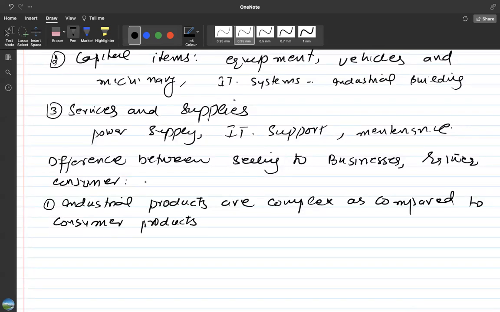As a result of that, when we have to sell to business customers, we will have to give some type of service support system to them, on how to install them and how to use them.